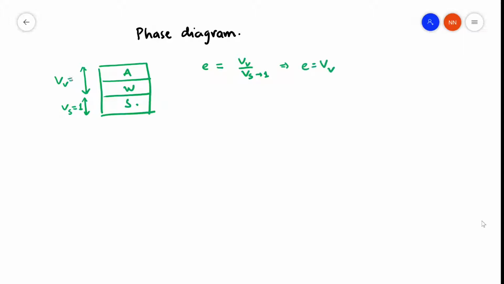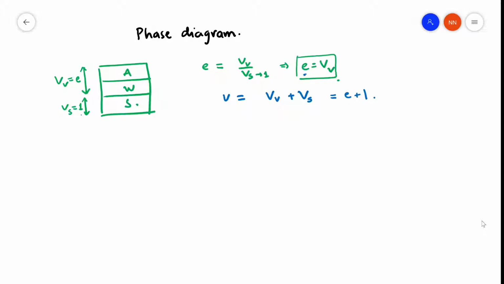So we can write VV equals E over here using this relationship. Now, what's the total volume of soil? Total volume of soil should be equal to the volume of voids plus the volume of solids, which in this case, the volume of voids is E, and the volume of solids is 1.